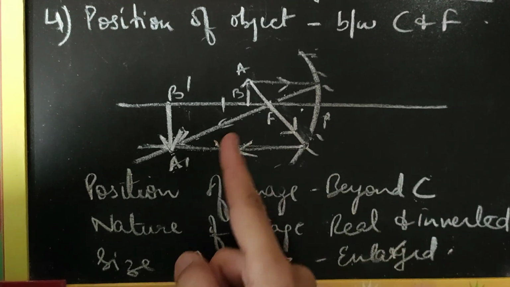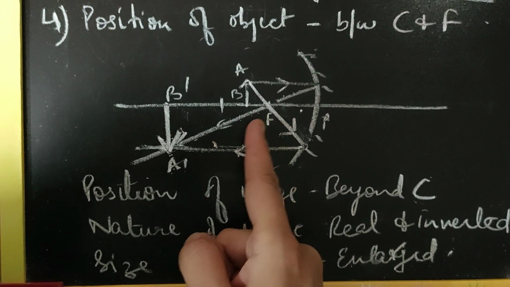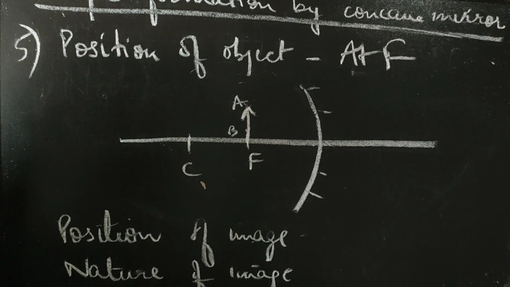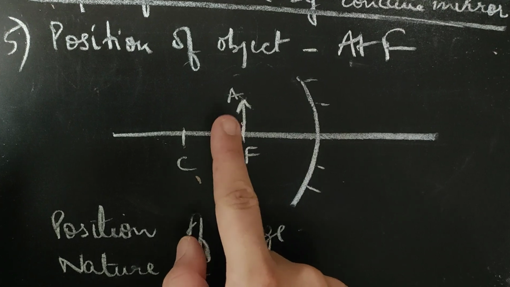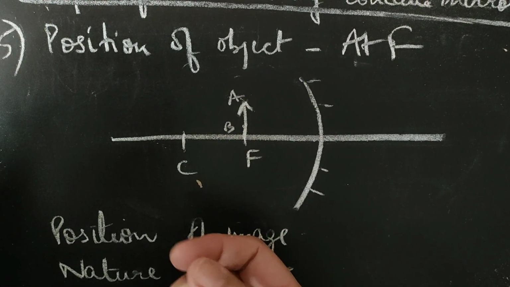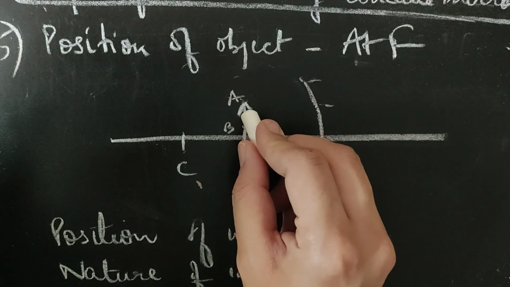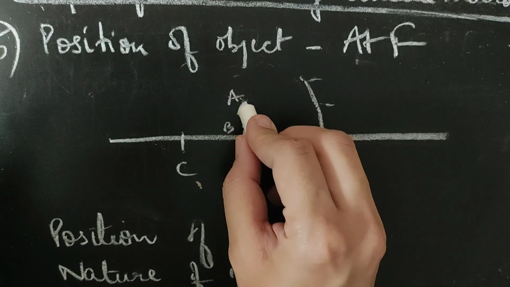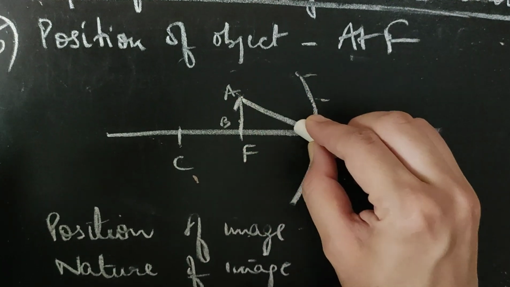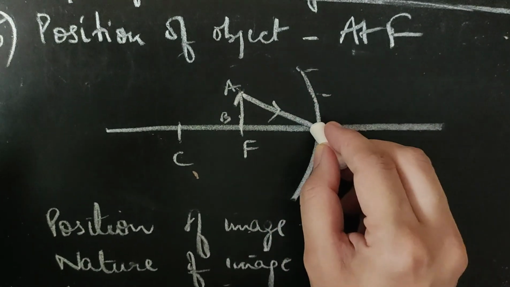Now we are going to move again towards the mirror. So the next position will be at F. So the fifth position, when the object is at F, label the object AB and take any two rules again. Let one be that a ray which is incident at the pole at an angle will be reflected at the same angle.